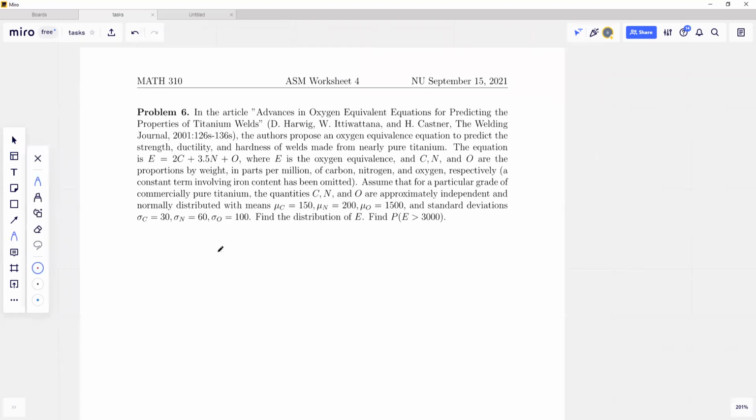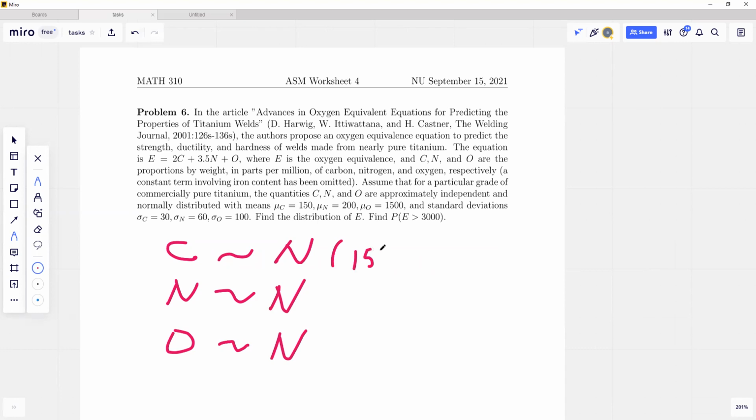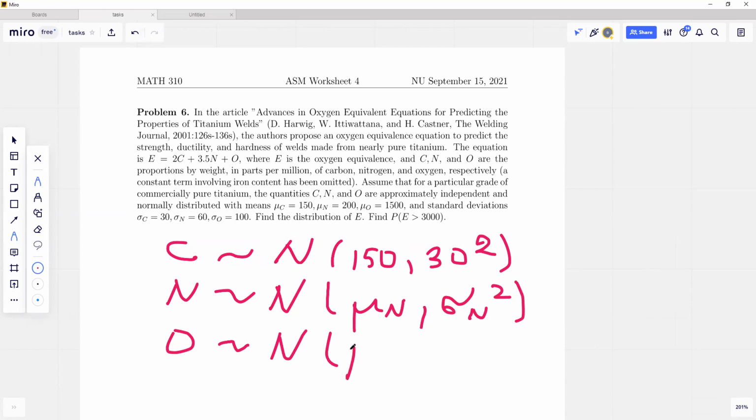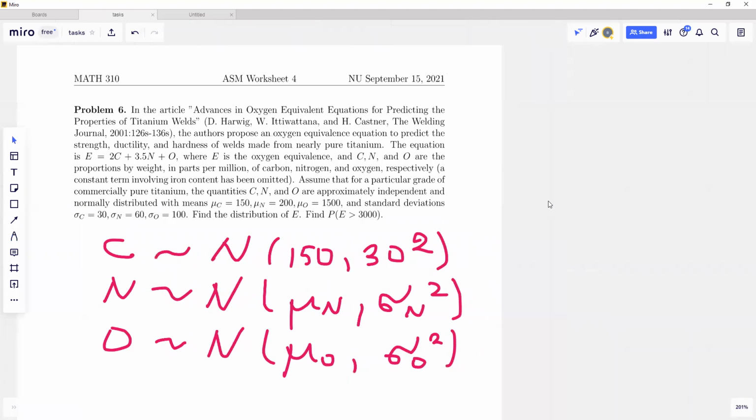Okay, so C, N, and O follow normal distributions. C has mean mu C of 150 and standard deviation 30. N follows normal with mean mu N, sigma N squared, and O with mu O, sigma O squared. We'll substitute values later on. Let's find the distribution of E.